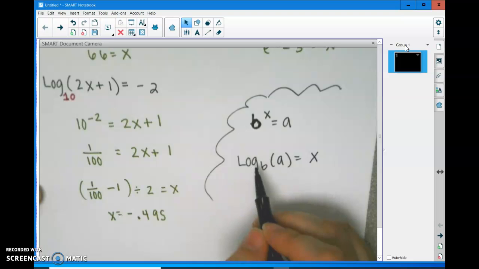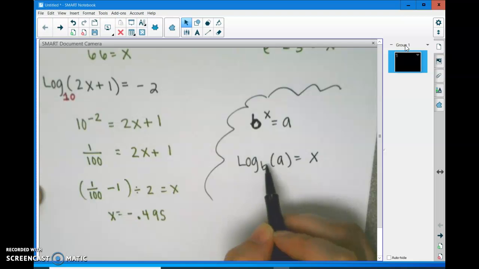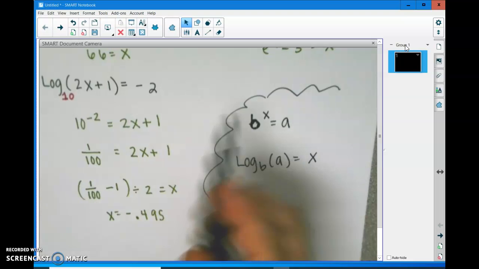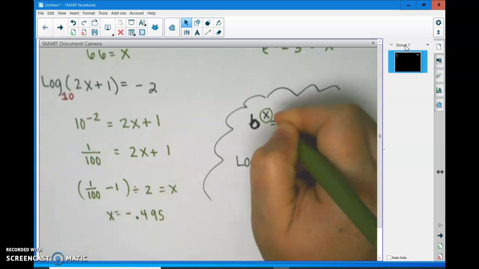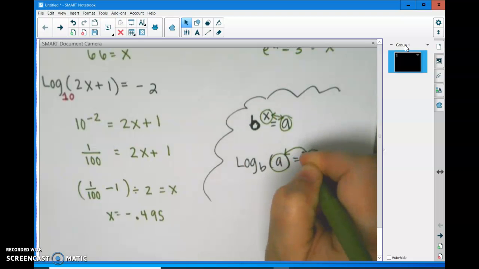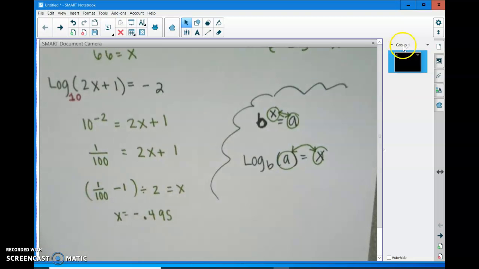So that's the little formula that we're using to do these problems. The base of the exponent, the base of the log, and then in both cases, when you make the switch, these two things swap places. So use that if you need to, for the next couple of days. You might want to write that down if you are still having trouble making the swap back and forth.